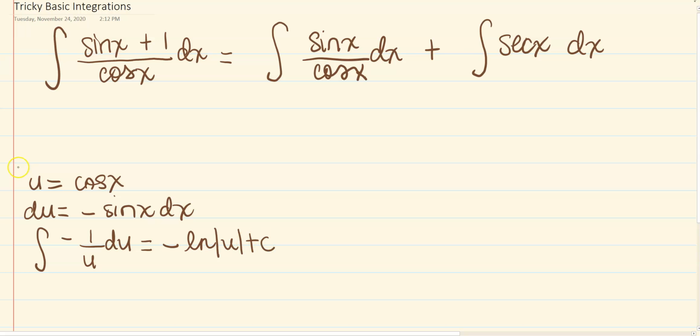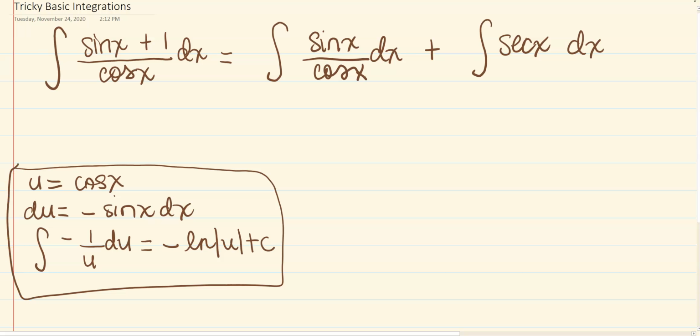So that's the first integral, which equals negative ln of absolute value of cos x. I'm going to leave the c there for just a second until I find out what the answer is for the second integral.